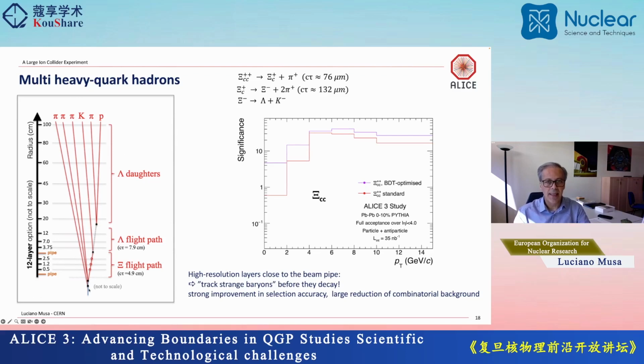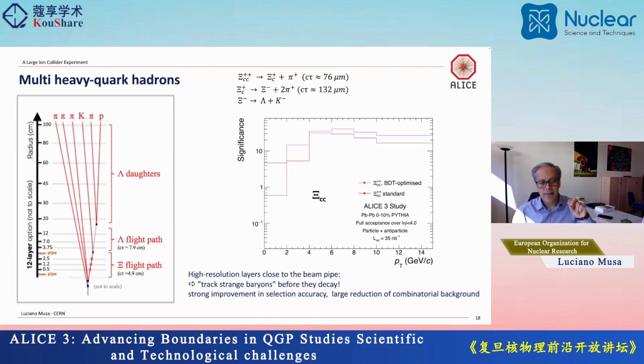So you see, we start here from the XICC, which decays in XIC and one pion. Then the XIC goes in the Xi minus, for instance, in 2 pions. And here already we measure directly the Xi minus, and then the Xi minus decays in a lambda and a kaon. And then we have the further decay of the lambda in a proton and pion.